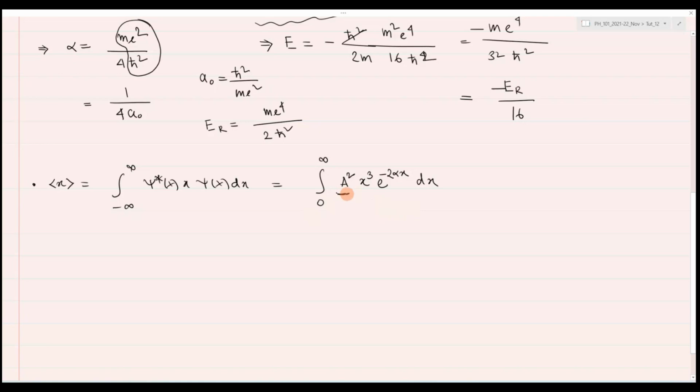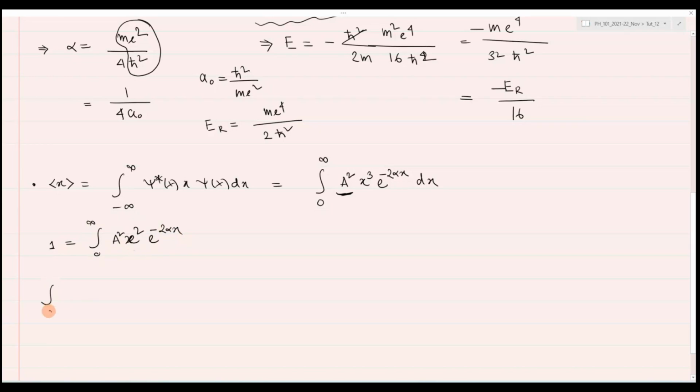By the way, we need to get a, right? Before solving this, how to get this a? Normalization. So we will normalize this: integral from 0 to infinity of a square x square e to the power minus 2 alpha x dx equals 1, and this is a gamma integral, right?